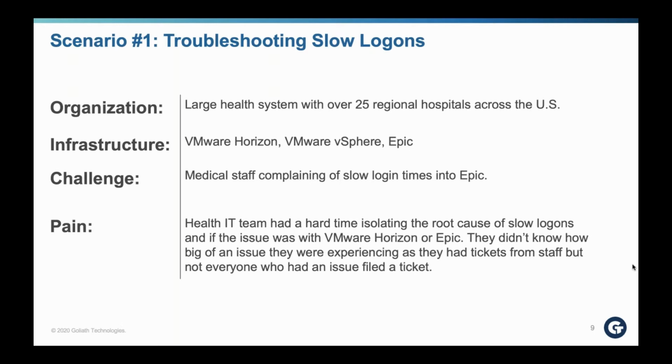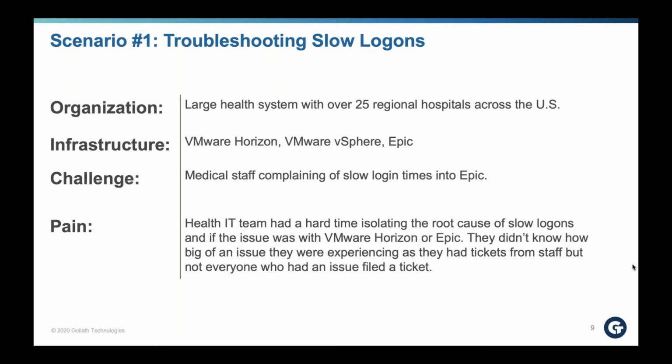So before we jump into the demonstration, I want to set the stage a little bit and talk about some of the pain points that they were experiencing. This is a large health system. They have about 25 regional hospitals across the United States, and they're using VMware Horizon VDI, as well as delivering an EHR application, which in this case was Epic, via some RDSH published applications.